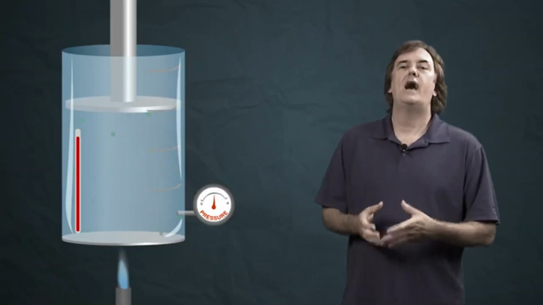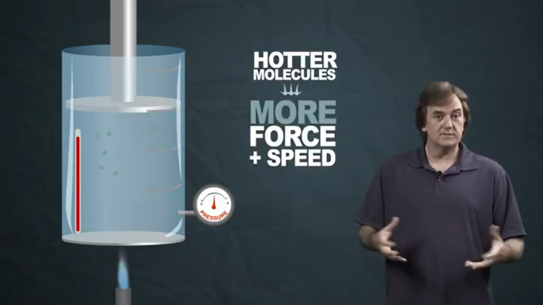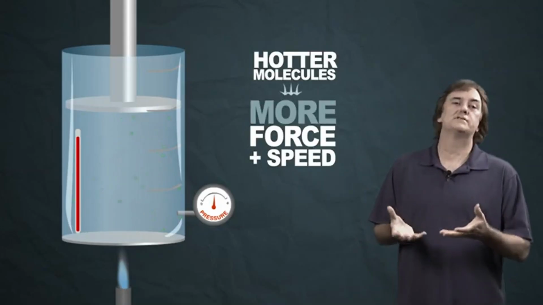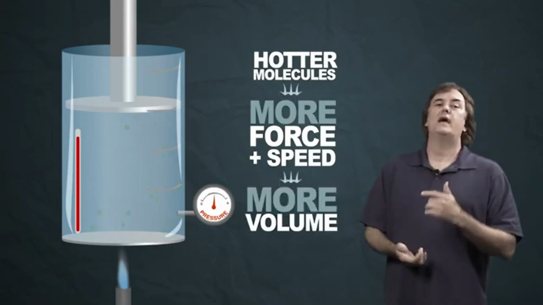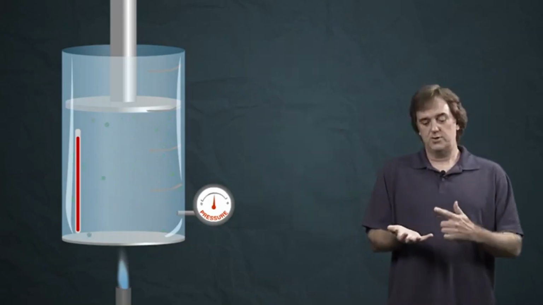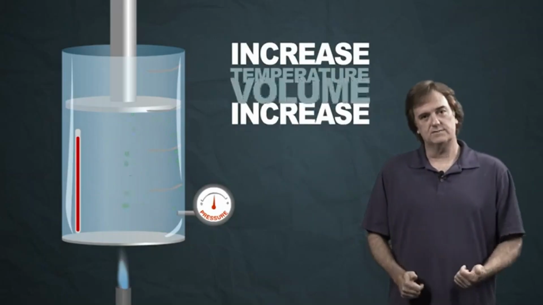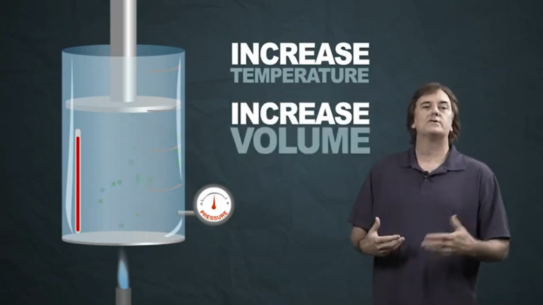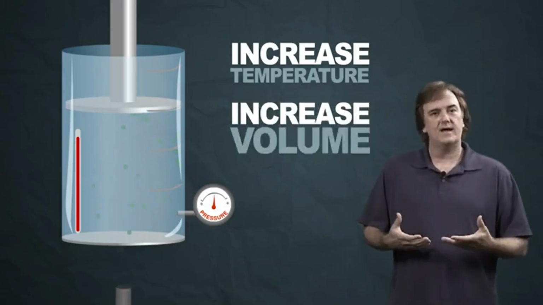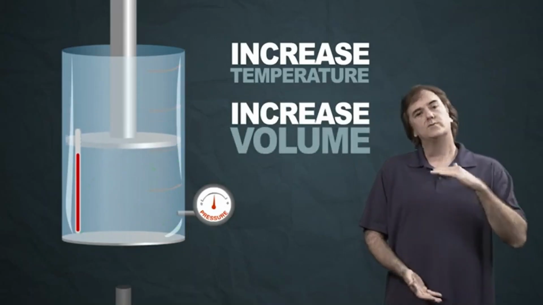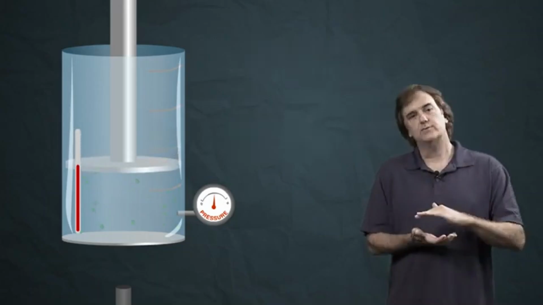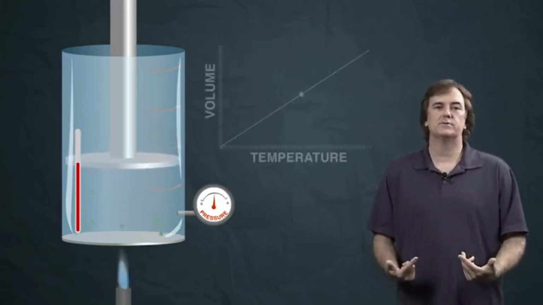As you can see, as the molecules become hotter, they have more force, they travel quicker, and they lift the piston up to a much bigger volume. So this illustrates that when you increase temperature, you increase the volume. And if you take away the heat and allow the gas to cool, the gas will fall back to a smaller volume as you go to a smaller temperature.